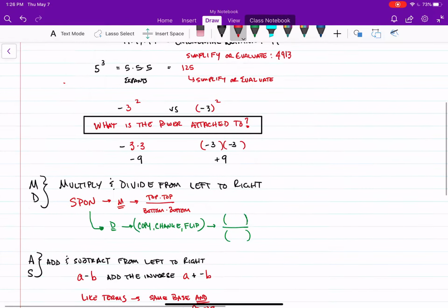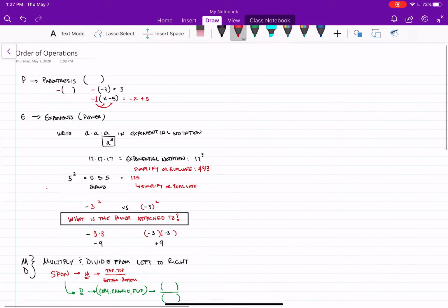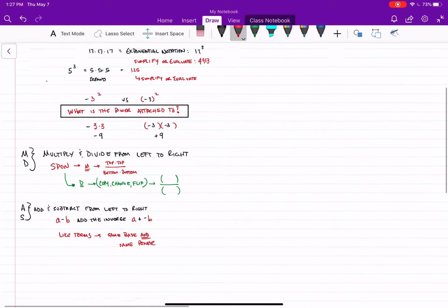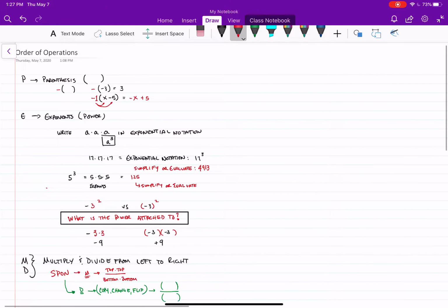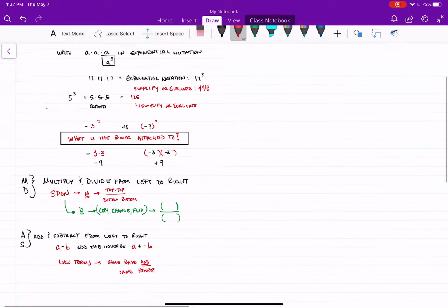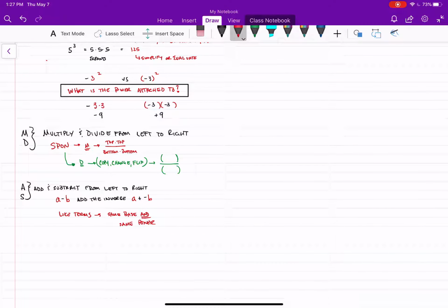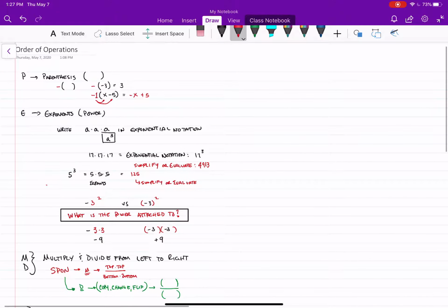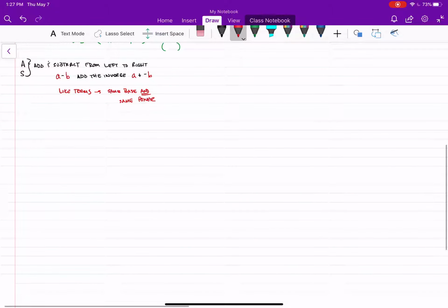So let's look at this as a whole. So PEMDAS, P-E-M-D-A-S, right? So there's really 4 steps: parentheses, exponents, multiplication, division, addition, subtraction, okay? So those are our 4 steps that we need. So let's do some examples here.